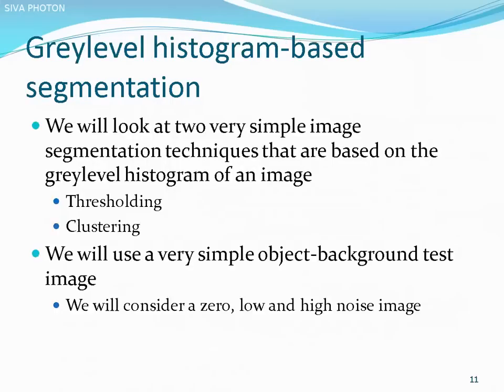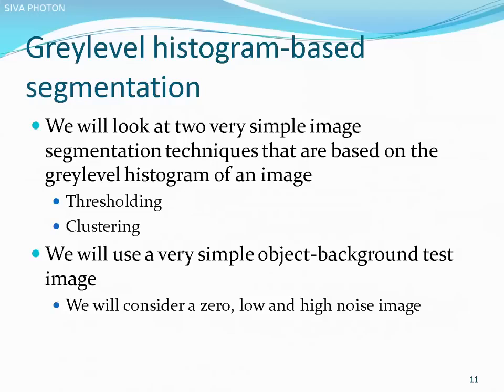Now you are seeing gray level histogram based segmentation. The segmentation we can do in various ways. Earlier we have seen segmentation based on texture. Now we are going to see gray level histogram based segmentation. What is meant by histogram? A histogram denotes the intensity of the given image.